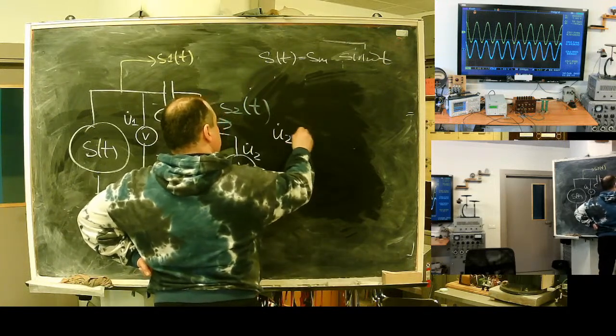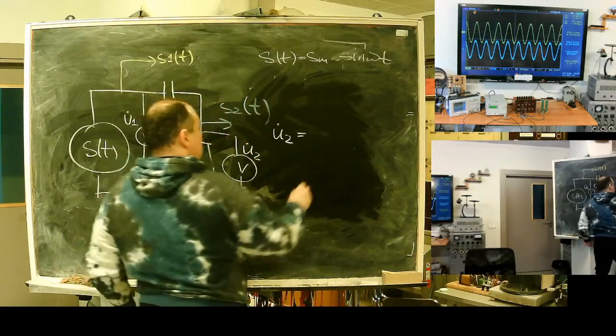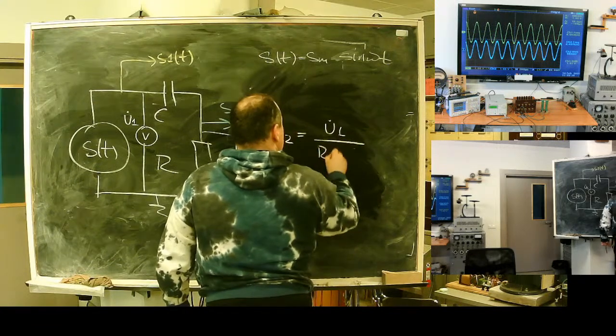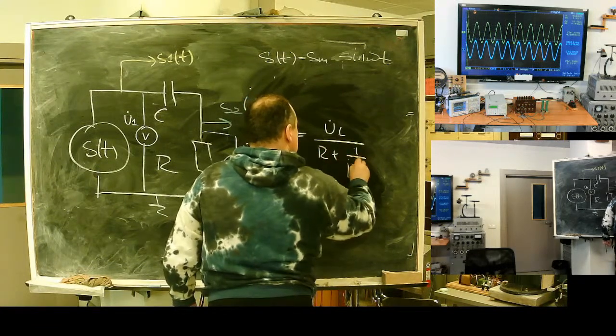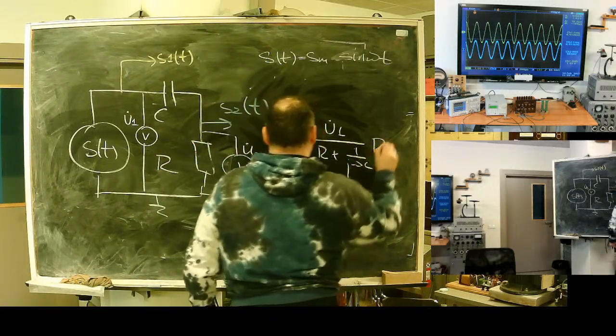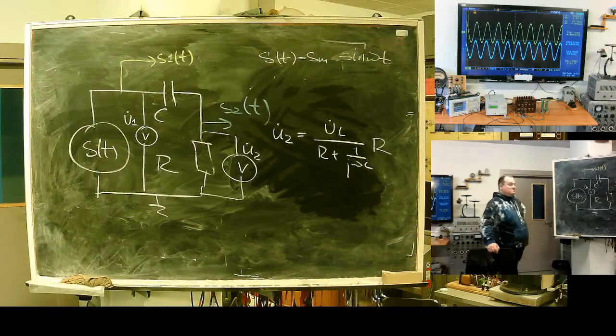Output voltage will be current, and current is the input voltage divided by R1, and multiplied by resistance. Am I right? Can you agree with this?